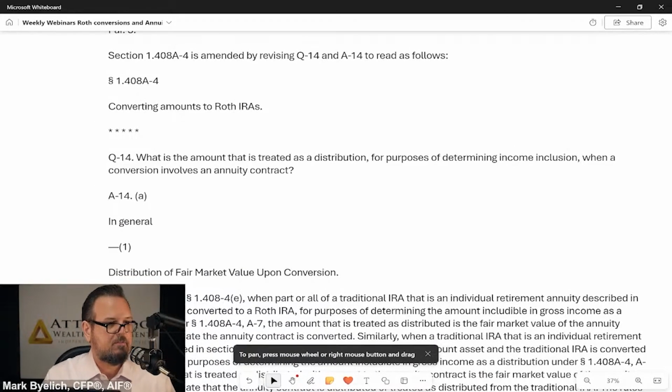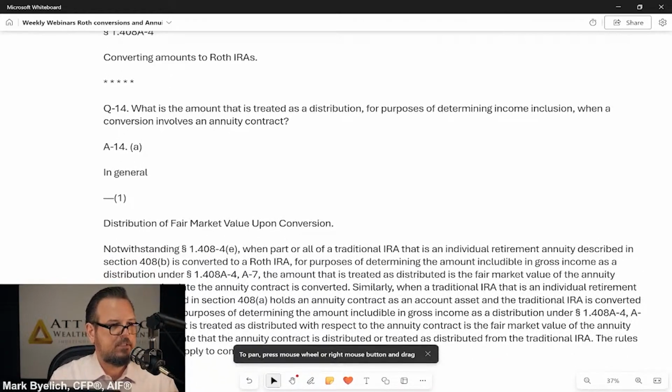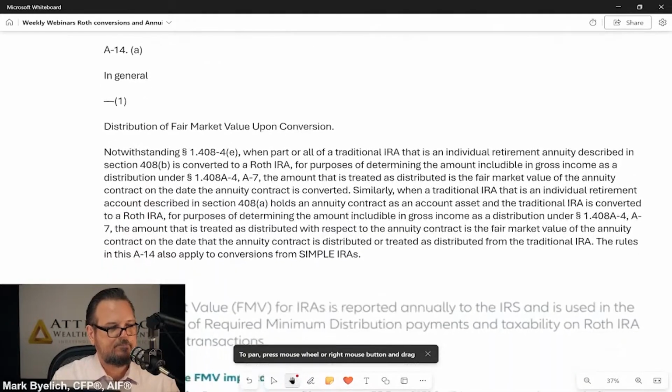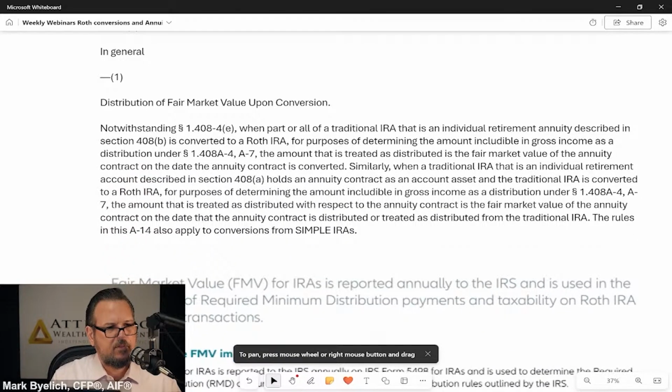And it reads, converting amounts to Roth IRAs. What is the amount that is treated as a distribution for purposes of determining income inclusion when conversion involves an annuity contract? I'll just read this to you.